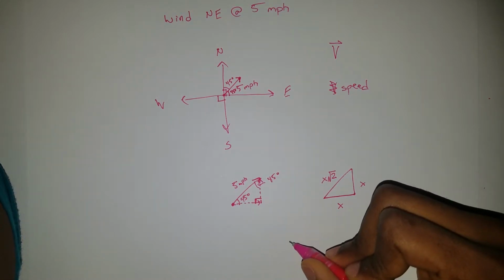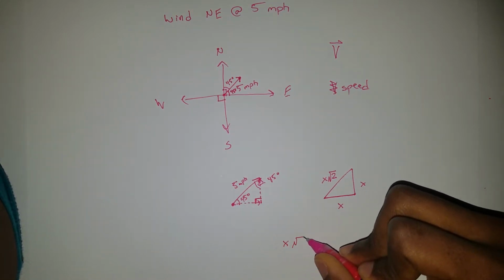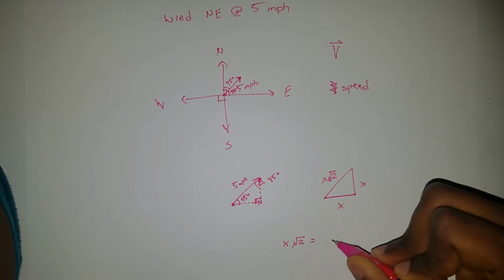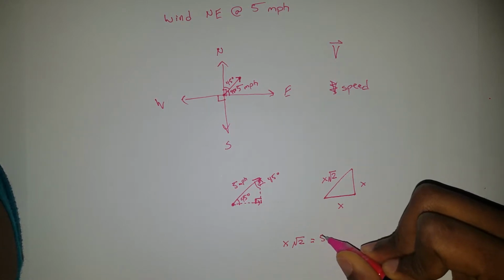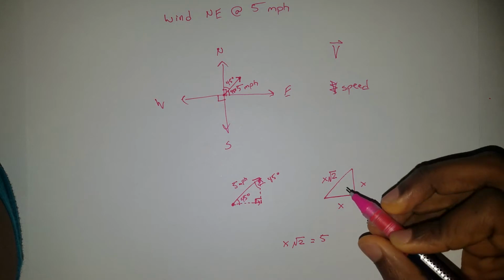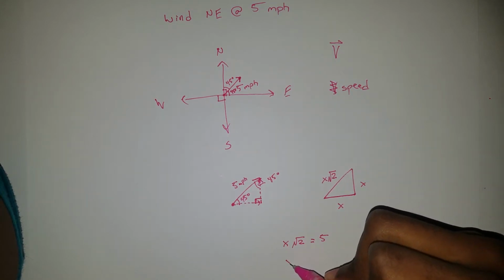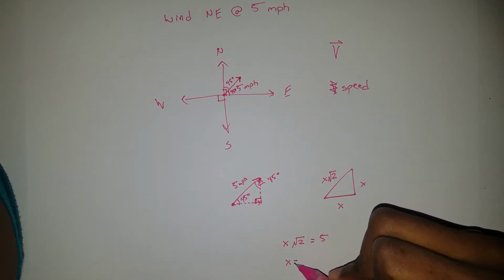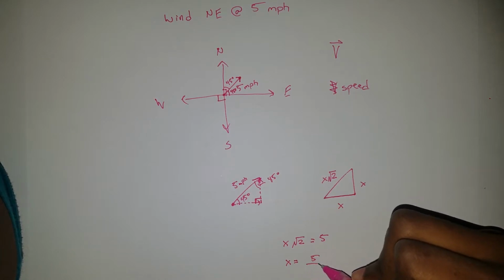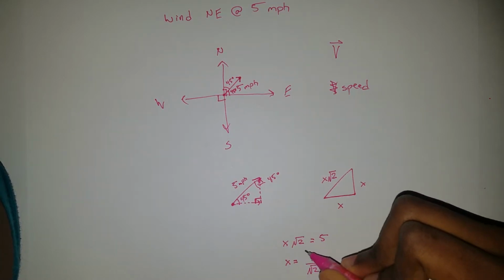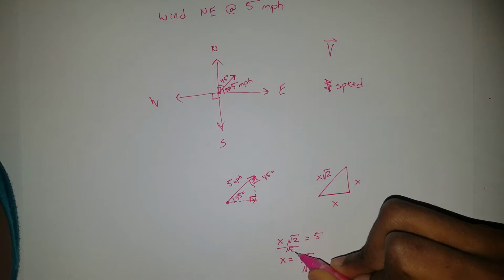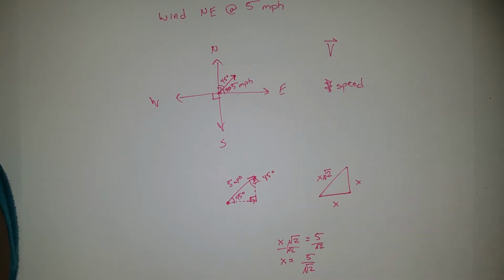So then you could say x radical 2 is equal to 5 miles per hour. Therefore, x is equal to 5 over radical 2, dividing by radical 2 on both sides.